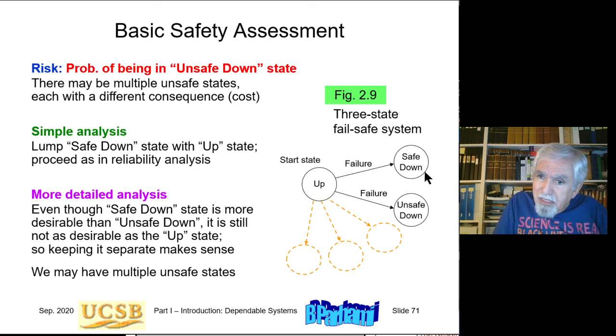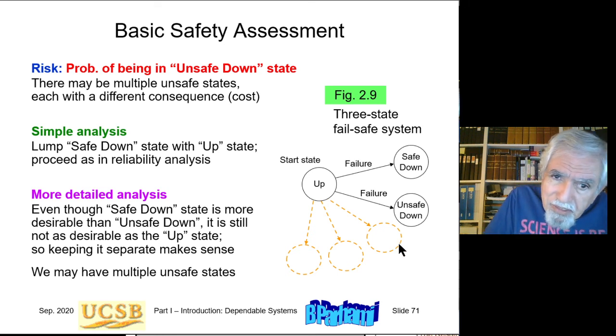In this case, I have shown just one safe and there are multiple unsafe, one or more unsafe down states. So the system as it's operating, it can fail. If it fails in a safe mode, it goes into this state. If it fails in an unsafe mode, it goes into one of these unsafe states.